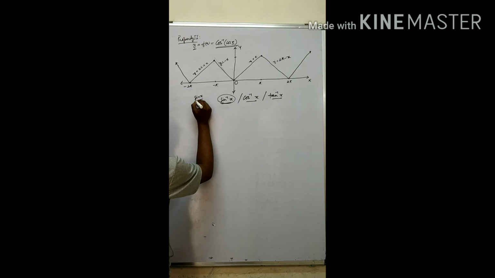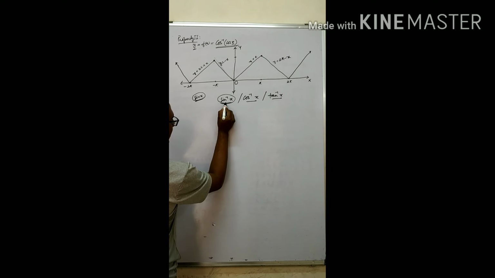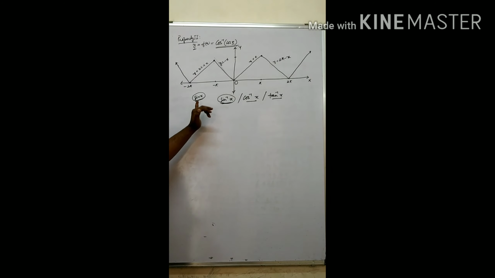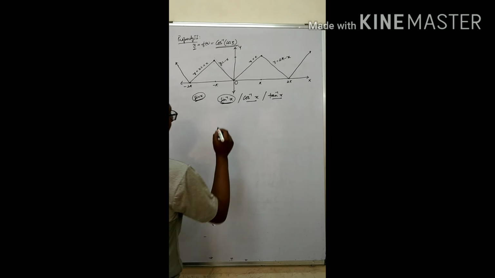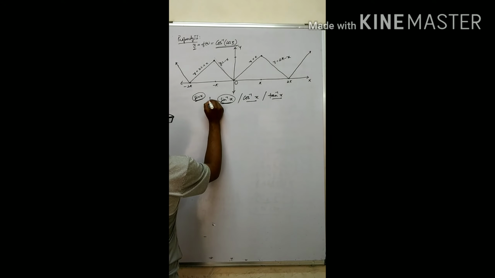We know the graph of sin x. So in order to draw the graph of sine inverse of x, we'll take the image of the graph of the function sin x about the line y equal to x. Now we need to draw f(x) equal to sin inverse of x.